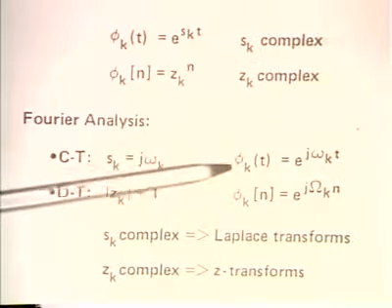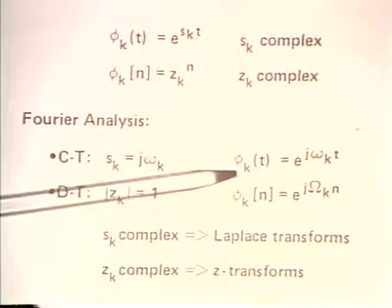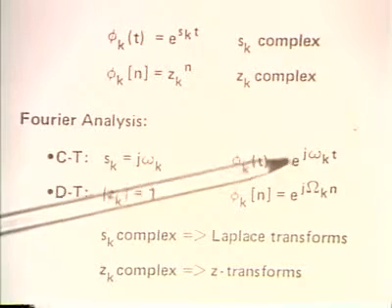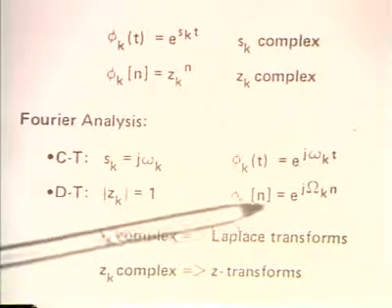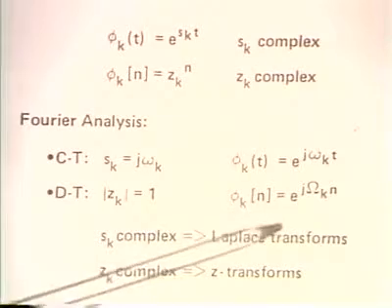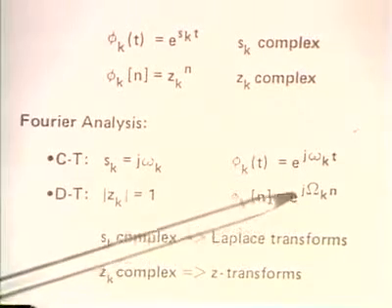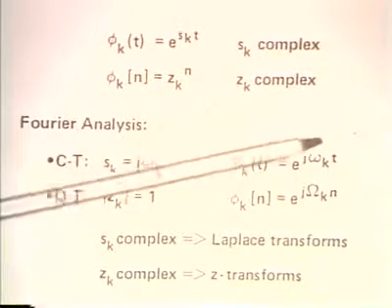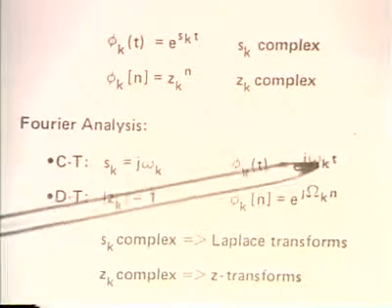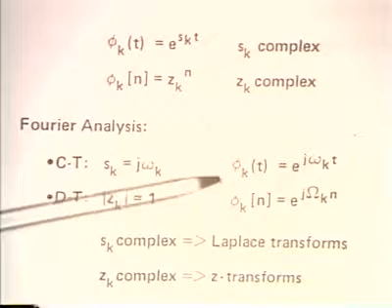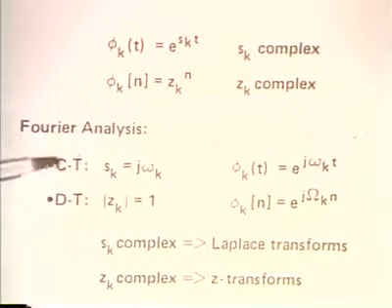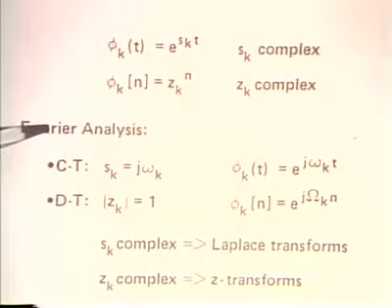So what that corresponds to in the continuous time case is a set of building blocks of the form e to the j omega sub k t, and in the discrete time case, a set of building blocks of the form e to the j omega sub k n. What we'll see is a representation in these terms leads to what's referred to as Fourier analysis, and that's what we'll be dealing with over the next set of lectures.